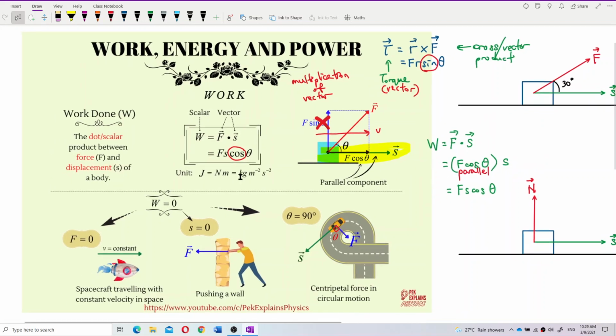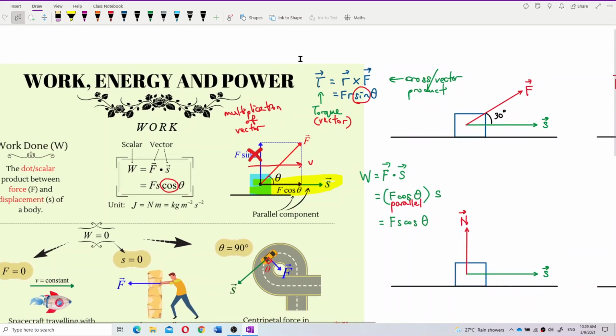But if you are talking about torque, maybe I should bring in this. Talking about torque, cross product, we use F sin theta. Why use F sin theta? It is the other way around. We don't use the parallel component, but we use the perpendicular component, F sin theta, to multiply by the vector. So for cross product, we use the perpendicular component to multiply.